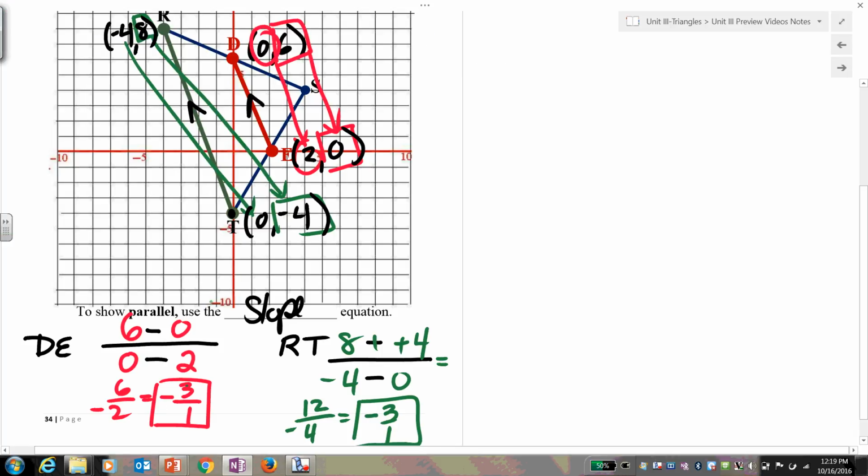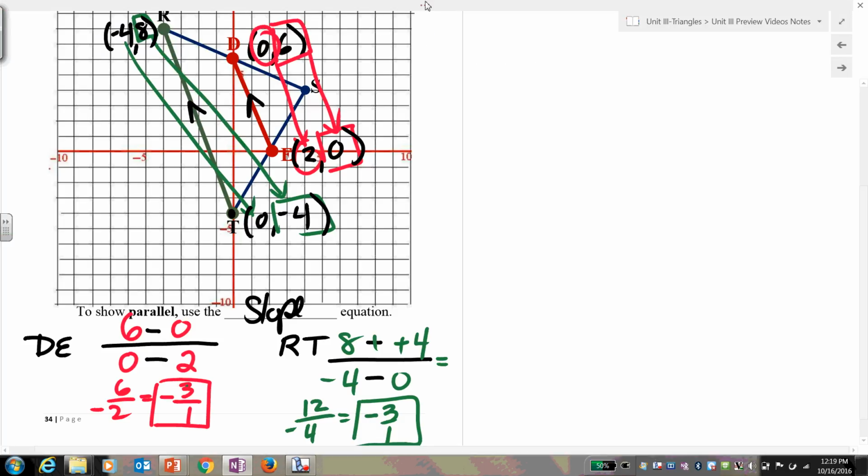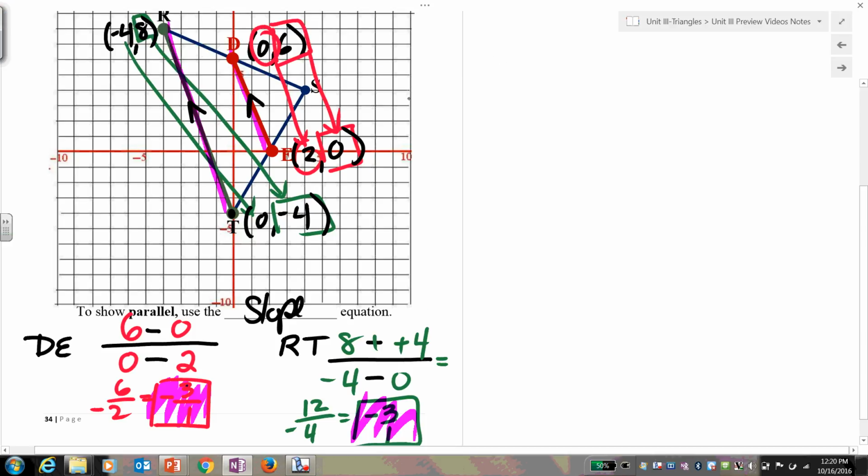So now we have proven mathematically that these two lines are definitely parallel, and the reason is they are parallel because the slopes are equal. You can't just say it looks equal. You have to show the slope.